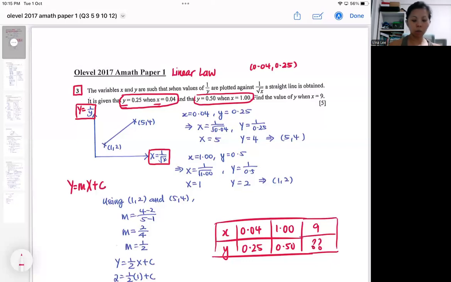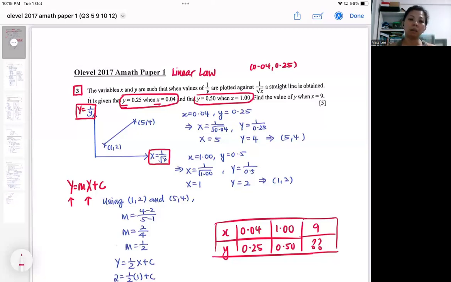So if I can do the mx plus c in terms of capital Y, then later on my capital Y and capital X can be substituted back. And I would have gotten the original equation that you have not linearized. So that's what I'm going to do.